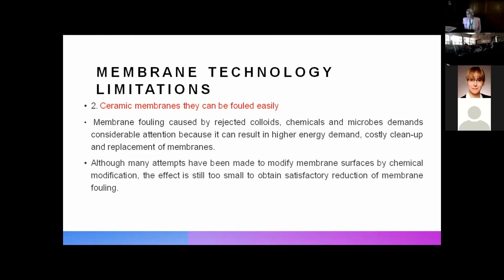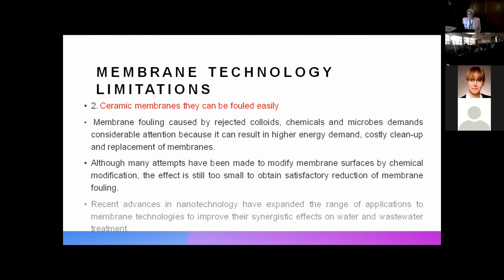Many attempts have been made to modify membrane surfaces by chemical modification, but the effect is still too small to obtain a satisfactory reduction of membrane fouling. So this is the second promising point of research: how to decrease membrane fouling as much as we can. Recent advances in nanotechnology have expanded the range of applications to membrane technologies. So we can use nanotechnology in improving membrane technology and to reduce fouling.